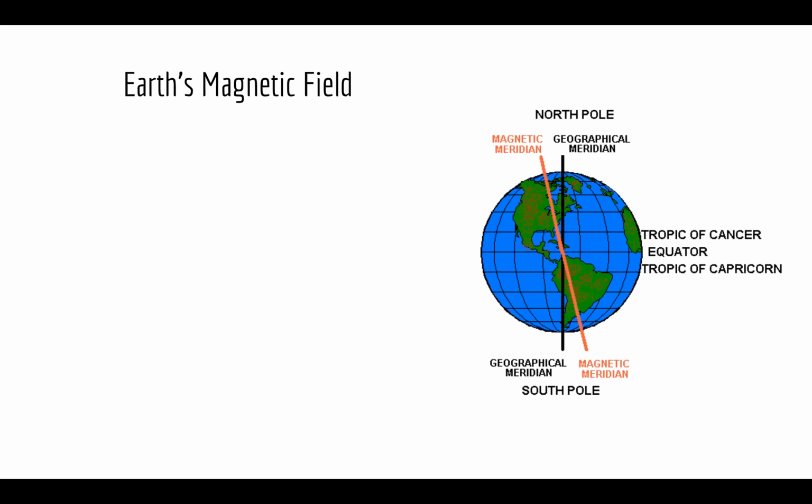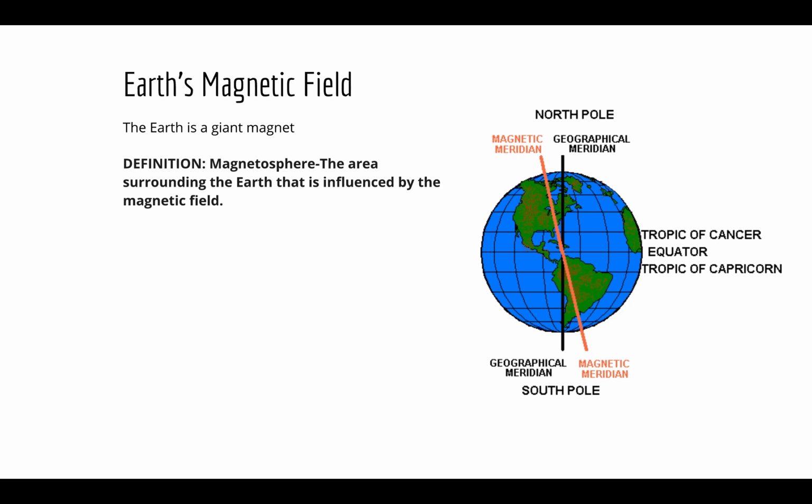Now, the Earth is actually a giant magnet. This is because we know that the interior of the Earth is a liquid iron core. And so because there's that liquid iron and the Earth is spinning, that actually creates a giant magnet. And so the Earth has a magnetic field. Now, the magnetic field of the Earth is called the magnetosphere, and this is the area surrounding the Earth that is influenced by the magnetic field.